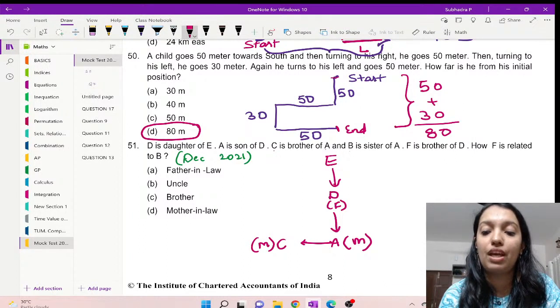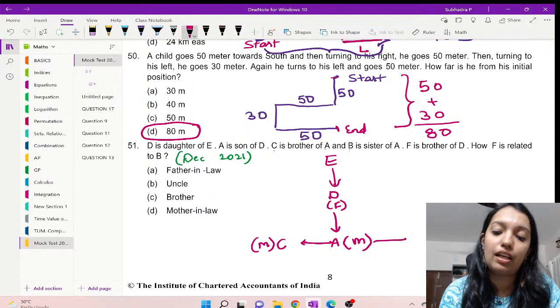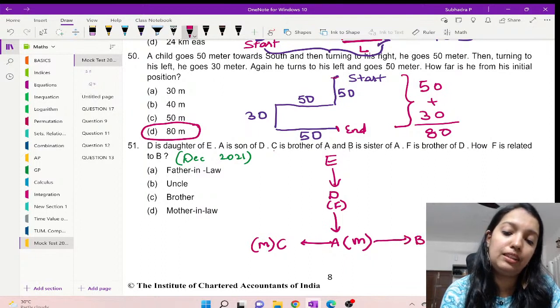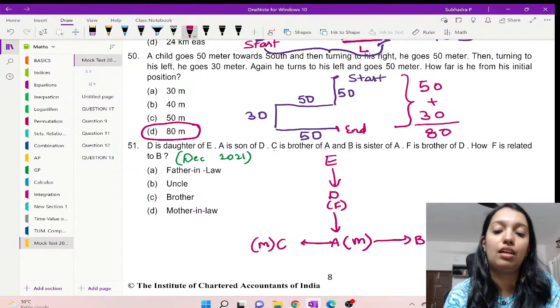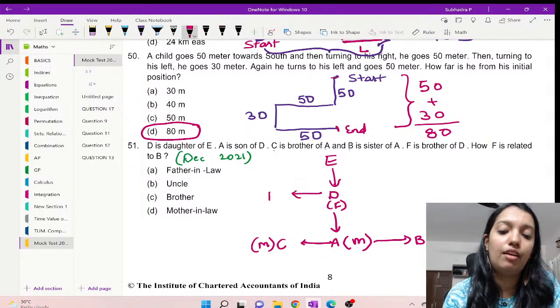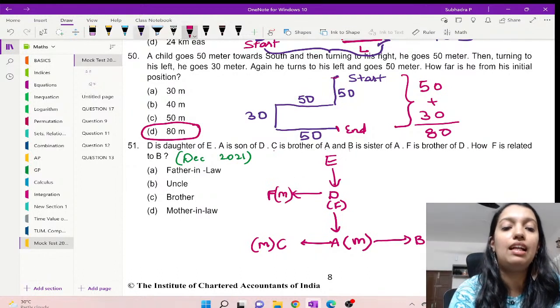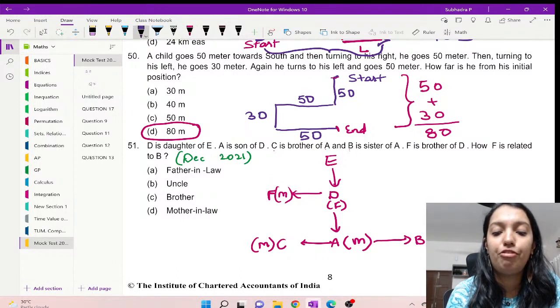C is brother of A. B is sister of A. B is sister, B is a female person. F is brother of D. F is brother, F is a male person. How is F related to B?